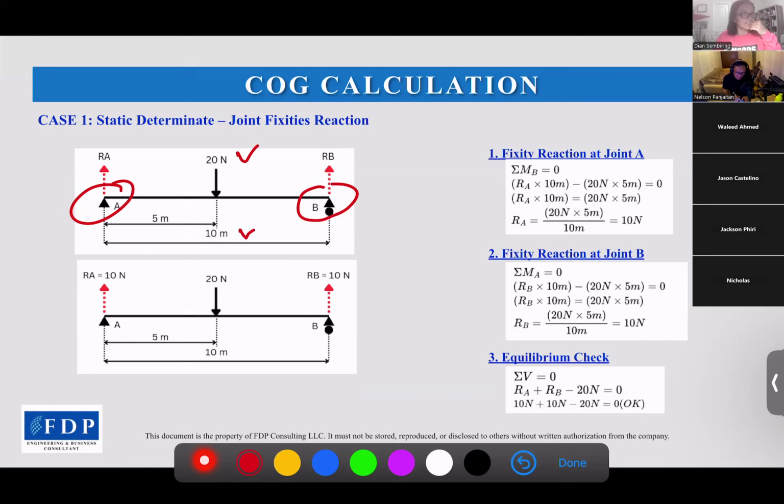The fixity reaction is the reaction at the lifting point because of this load or forces acting on this member. So to get the fixity reaction at joint A, for example, we should apply sigma moment equals 0.